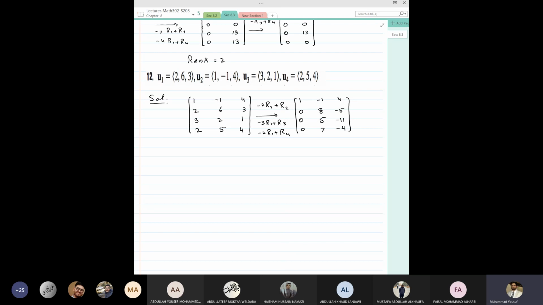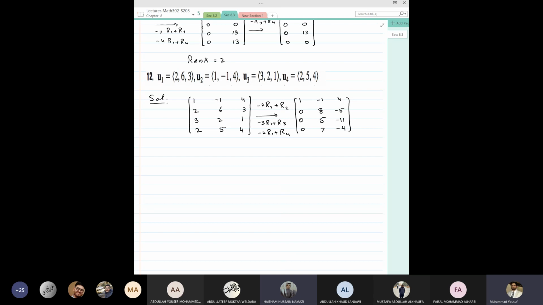If you get a 0 row, then they are linearly dependent. Otherwise, they are linearly independent. Okay, so try to complete this. So here I suggest you complete this and see what matrix you get.